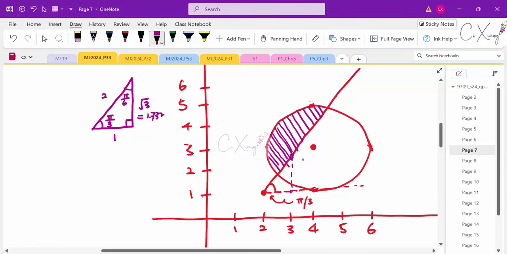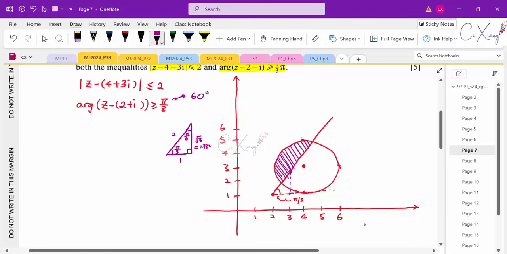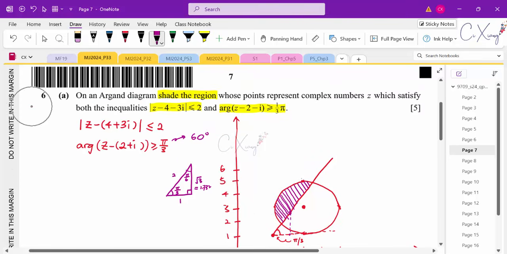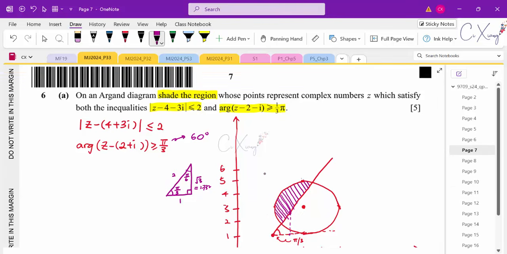Okay, all right. So your overall graph will look something like this. So this is what we have for the first part, question 6, part A. Let's continue to part B.